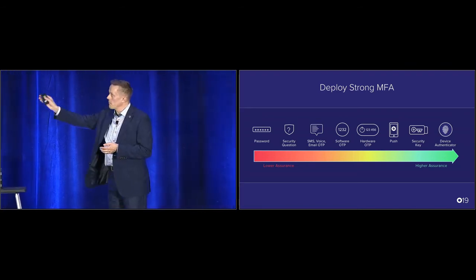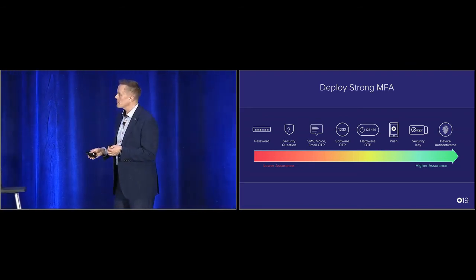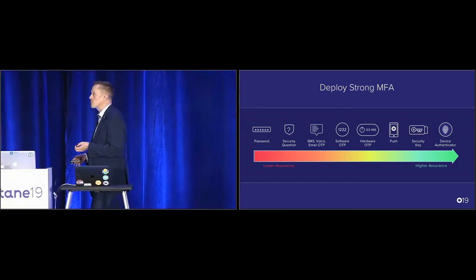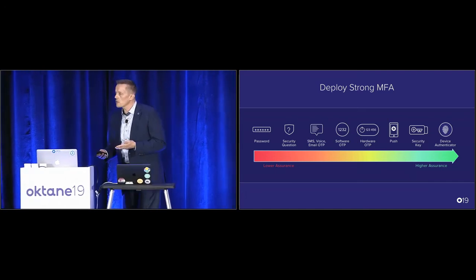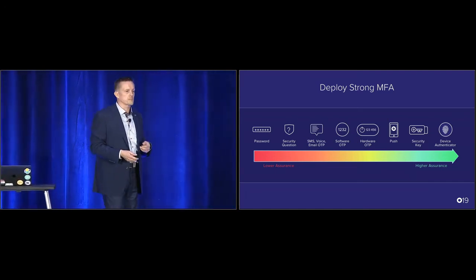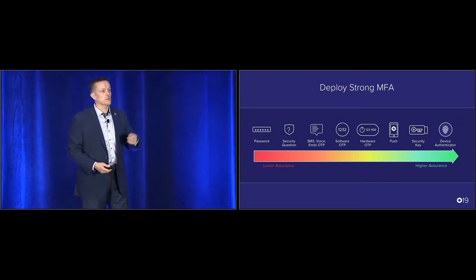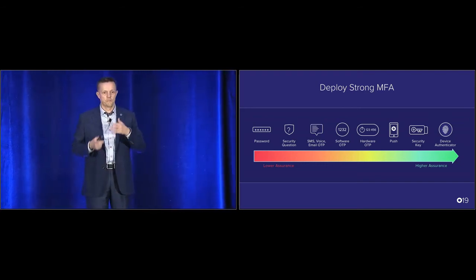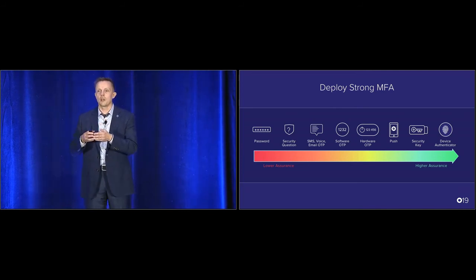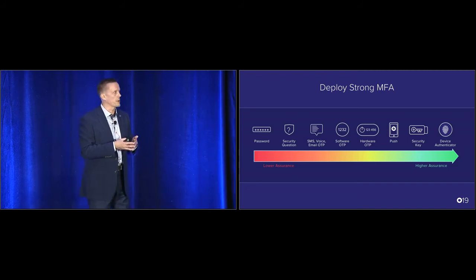But we're really pushing people to go towards the right. Software or hardware one-time passwords are better. The challenge with those is that they are also phishable. If you have a phishing attack that is real-time, they can simply ask for that code, because again you are asking the user to do something that's hard for them: recognize an incorrect site when it's trying to masquerade as a real one.